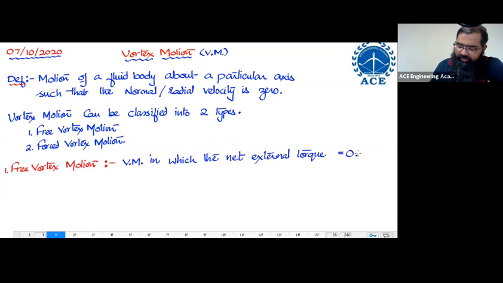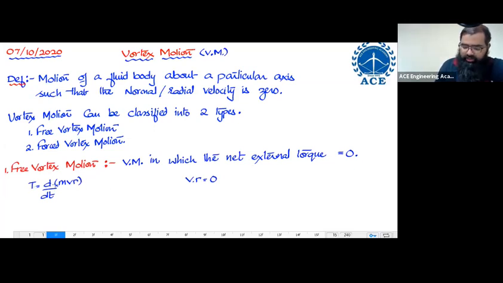Now you see, when external torque becomes equal to 0, that time the value of velocity times r becomes constant. Why is it so? The reason is torque is basically equal to d by dt of mvr. mvr over here stands for angular momentum.